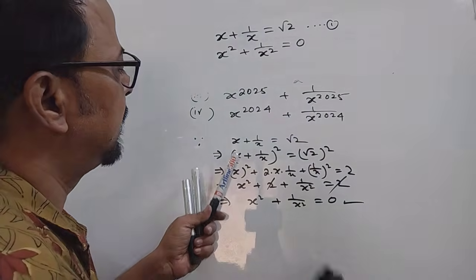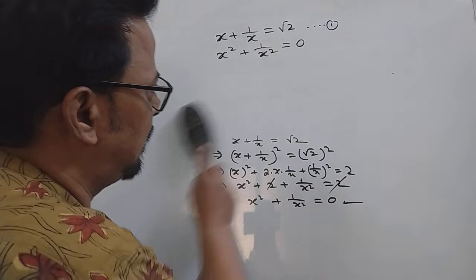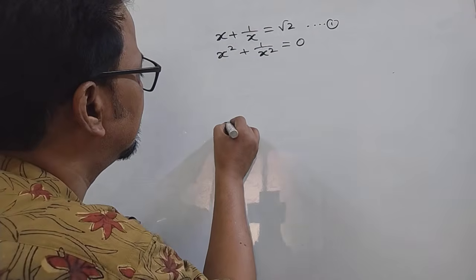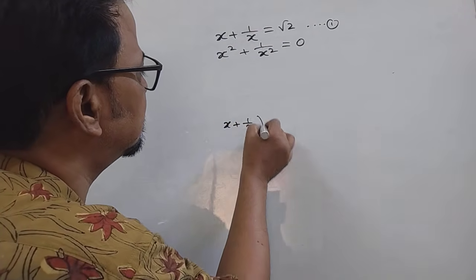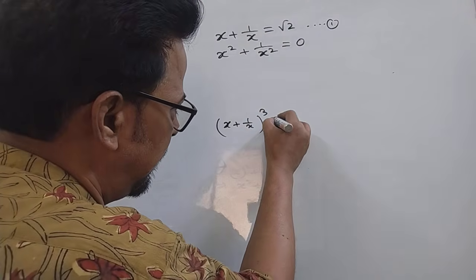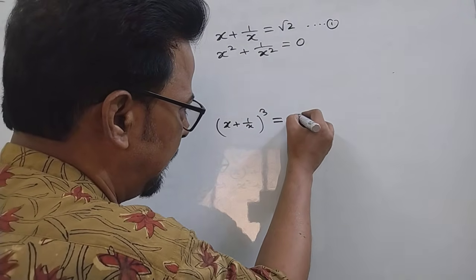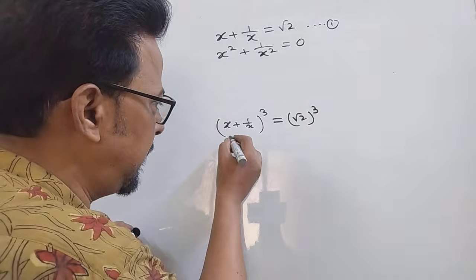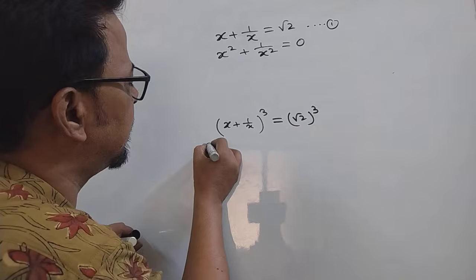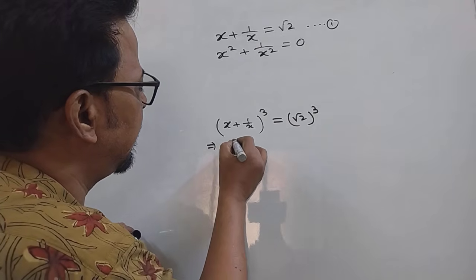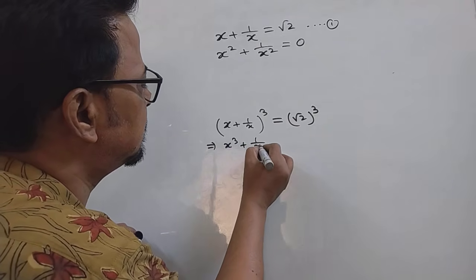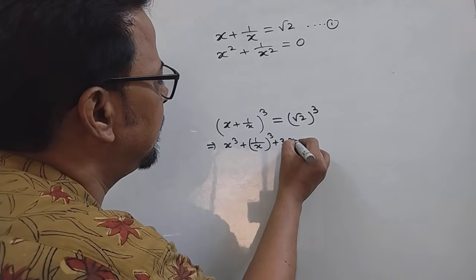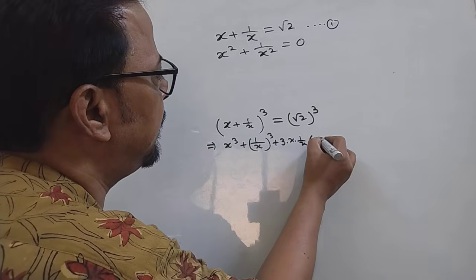Now cube this. x plus 1 by x whole cube equal to root 2 whole cube, cubing both sides. Now a plus b whole cube can be written a cube plus b cube plus 3ab into a plus b.